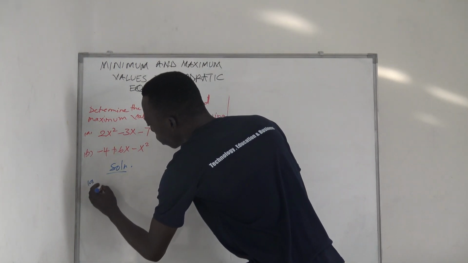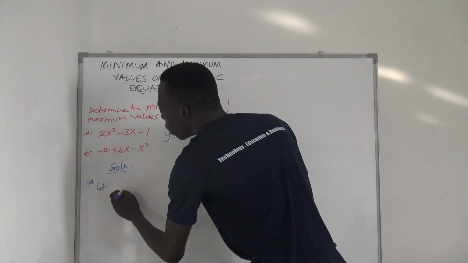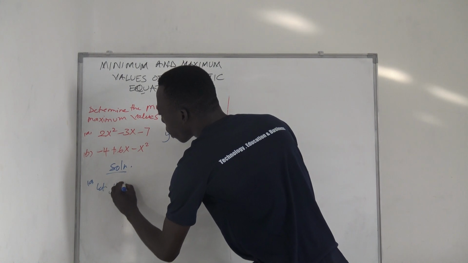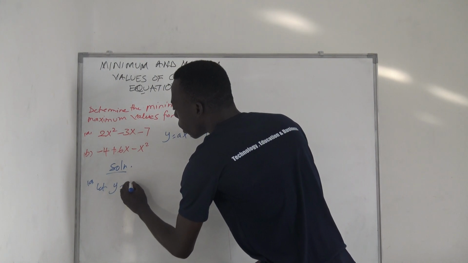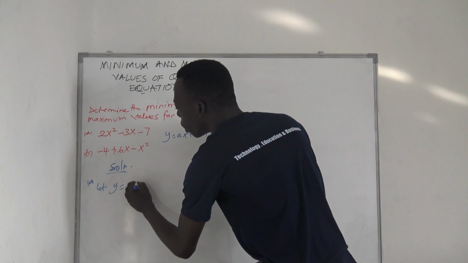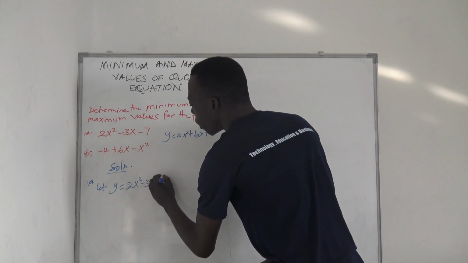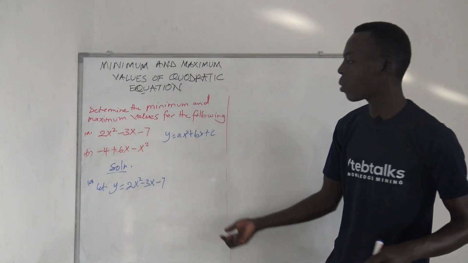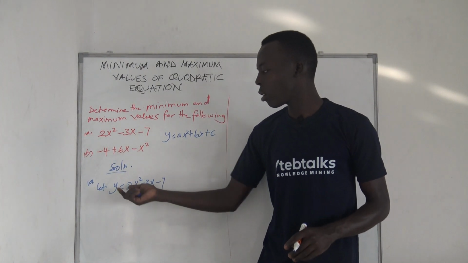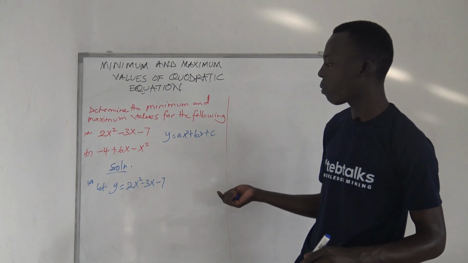Now we say let y equal 2x squared minus 3x minus 7. So that's what we have. We first let it, then we write it in that form.